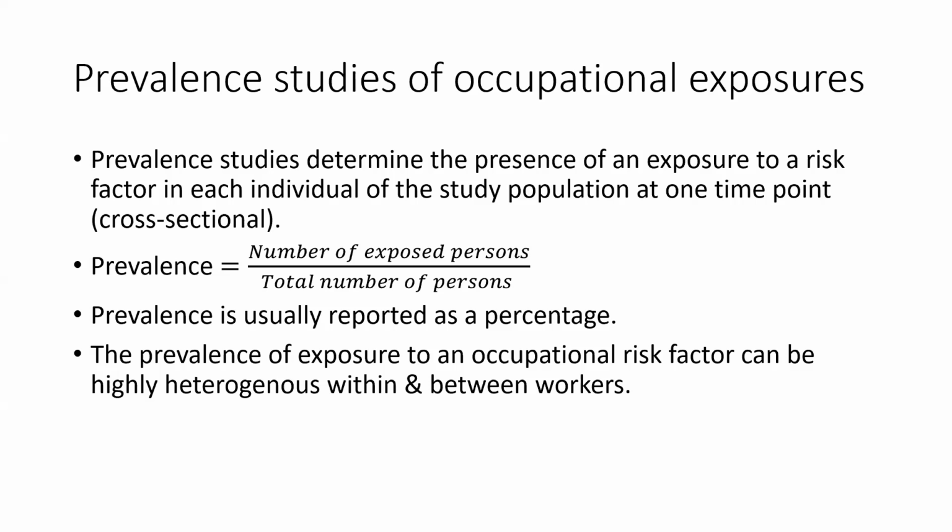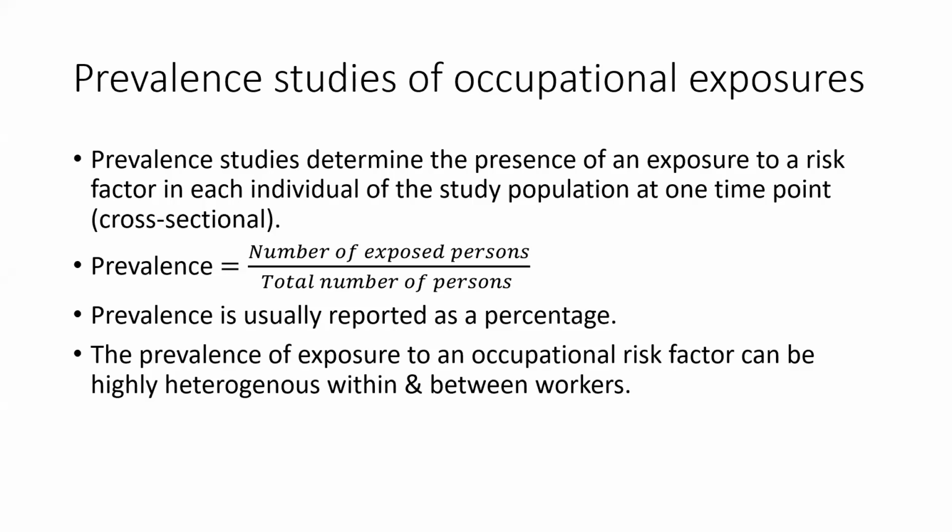So in essence, we're normally talking about cross-sectional capture of a specific exposure. Prevalence can then be calculated simply by dividing the number of exposed persons by the total number of persons in a specific study. Therefore, usually prevalence is reported as a percentage.